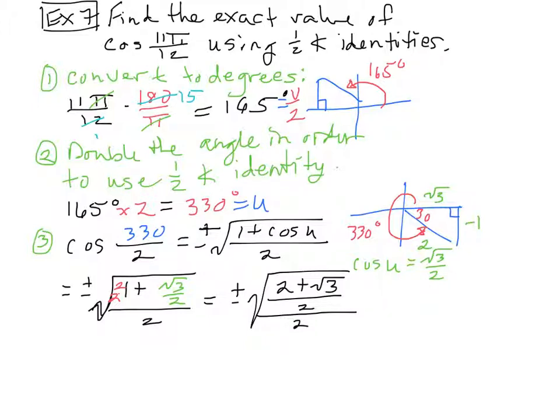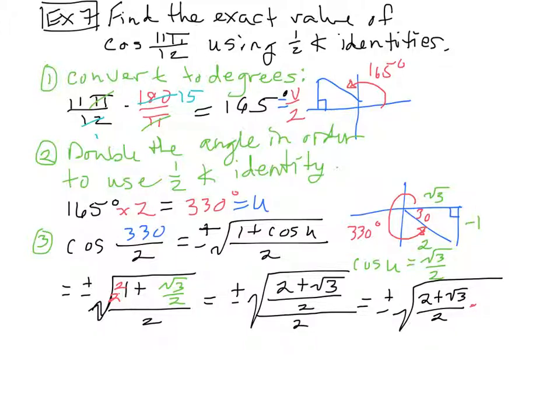Then we have to deal with the fraction and the fraction. So this equals plus or minus the square root of, because it's still under square root, I'm going to take my numerator here and multiply it by the reciprocal of the denominator all underneath that radical, so it stays under the radical. So my numerator, which is 2 plus the square root of 3 divided by 2, I'm going to multiply that by the reciprocal of the denominator.